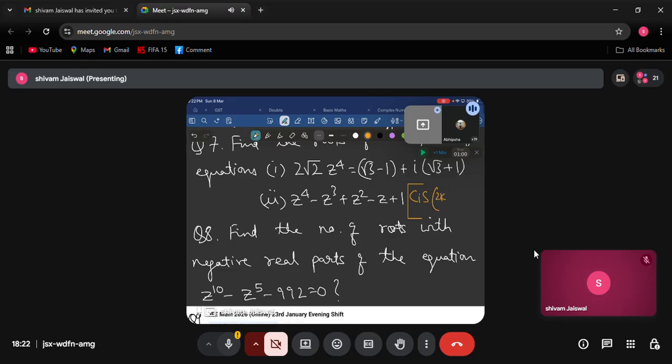Cis 2k plus 1 whole pi by 5 for k equal to 0, 1, 2, 3. No, for k equal to 0, 1, 3, 4. Okay, this is for k equal to 0, 1, 3, 4. Okay.